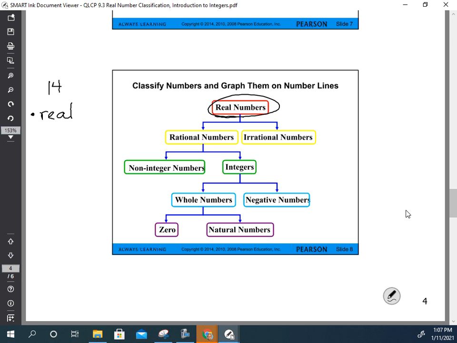Can I write 14 as a fraction? Yes, so that means it's rational. It's rational because I can write it as 14 over 1. So 14 is positive. So that makes it an integer.